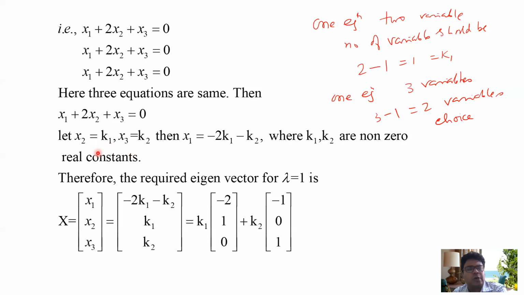So when I substitute x2 equals k1 and x3 equals k2, for x1 we have x1 equals minus 2k1 minus k2, where k1, k2 are non-zero real constants. Therefore the required eigenvector for lambda equals 1 is, and this line is very important, try to understand.